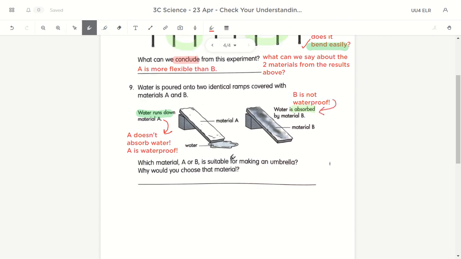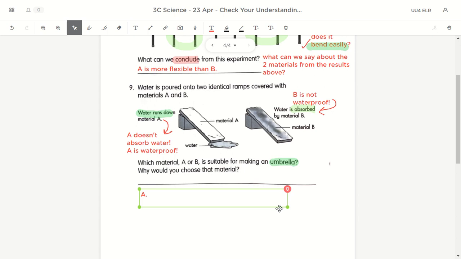Okay, if I want to make an umbrella, what should I use, A or B? You want to use a material that absorbs water or a material that doesn't absorb water? So obviously for an umbrella, I will choose material A. So answer the question first. Which one would you choose? The answer is A. Why do I choose A?